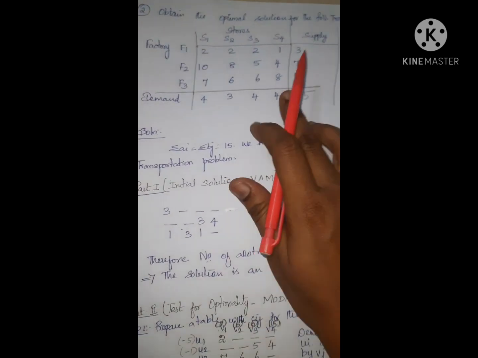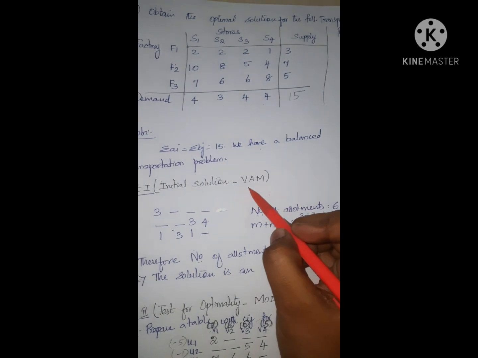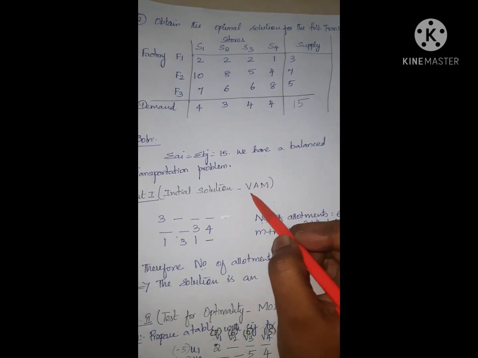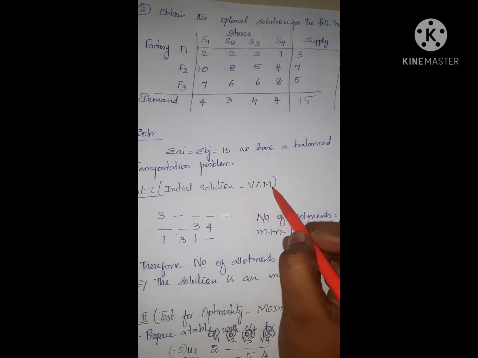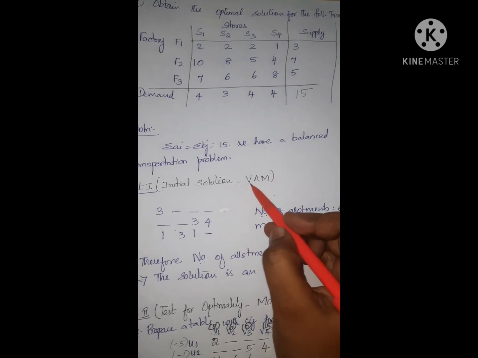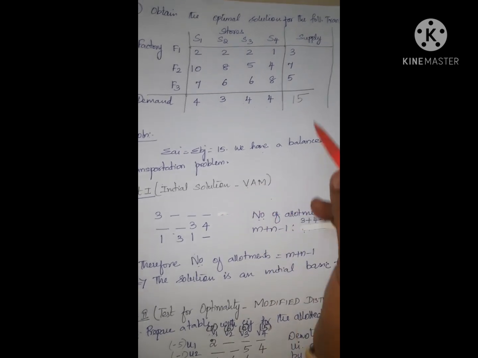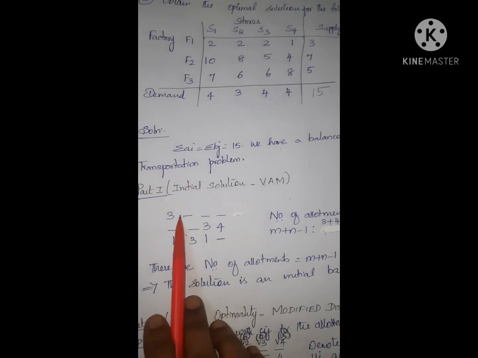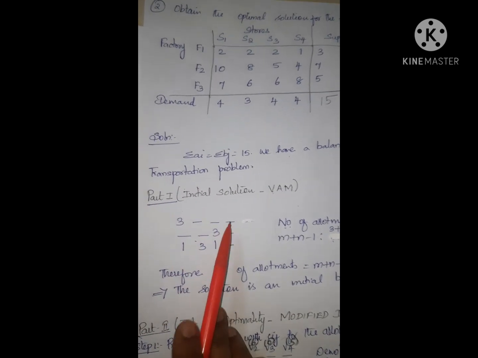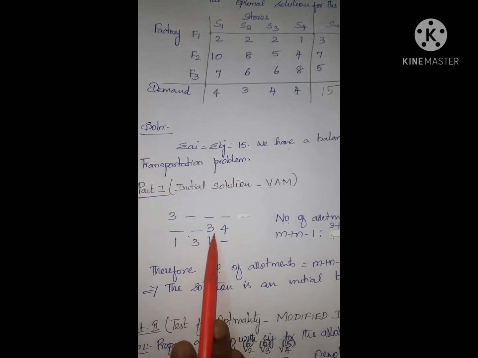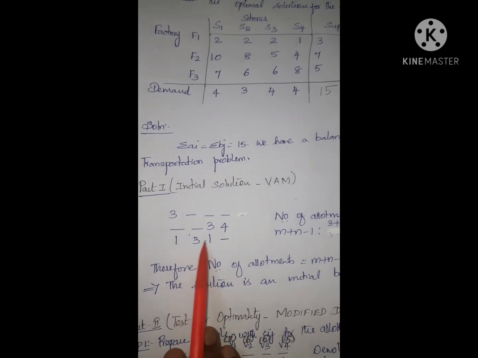Here for this problem, we use Vogel's approximation method, in short VAM, for the allocations of the supply and demand, which is given by 3 dash dash dash dash dash 3 4 1 3 1 dash.